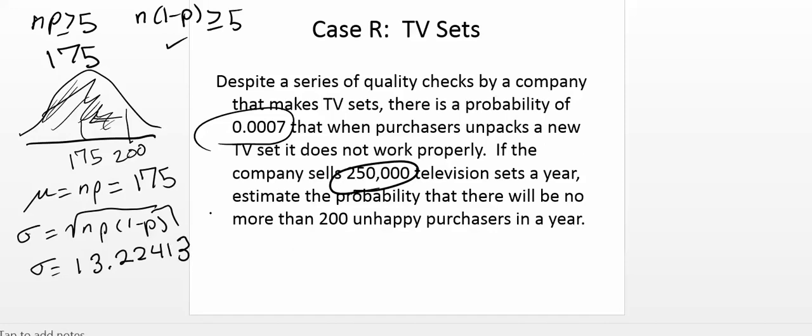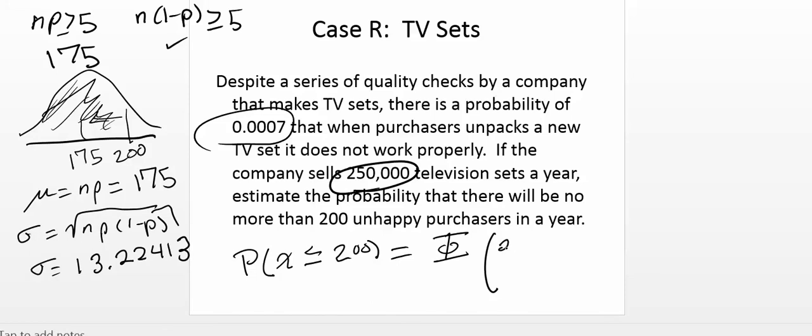So with that, I'm ready to begin applying the approximation, and we're told that the probability that x is less than or equal to 200 would be equal to phi of 200 plus 0.5.